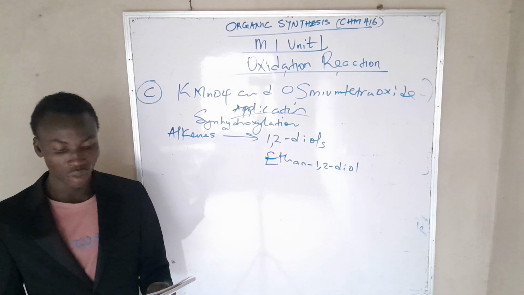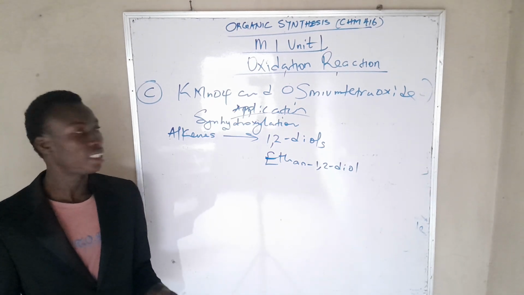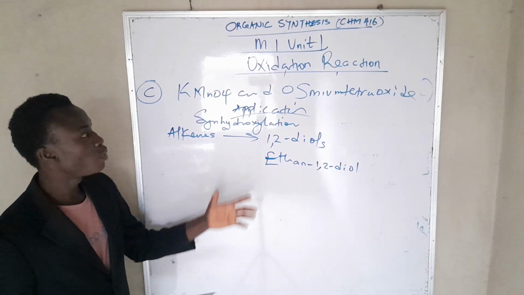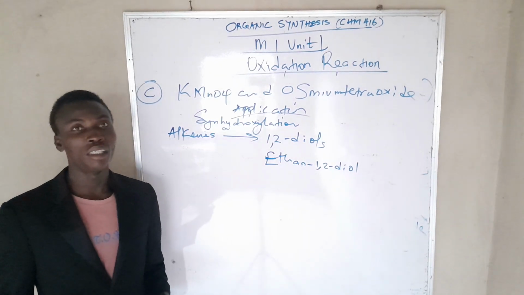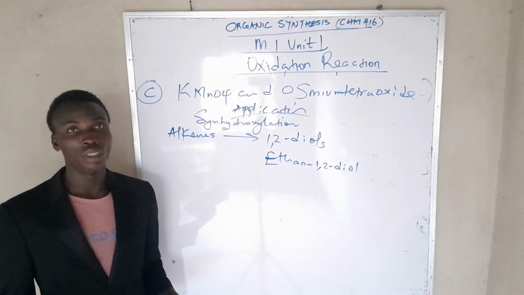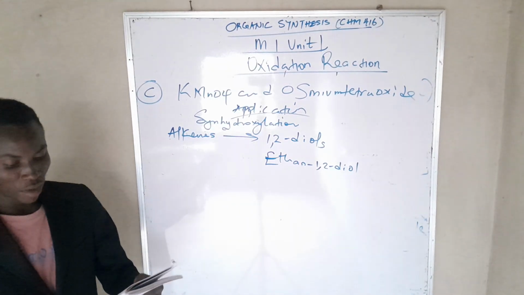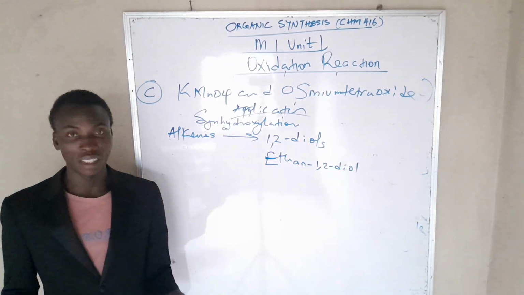Care has to be taken, because osmium tetraoxide can lead to blindness. Take note of that. In the course of usage, one has to be extraordinarily careful, and at the same time it is expensive.